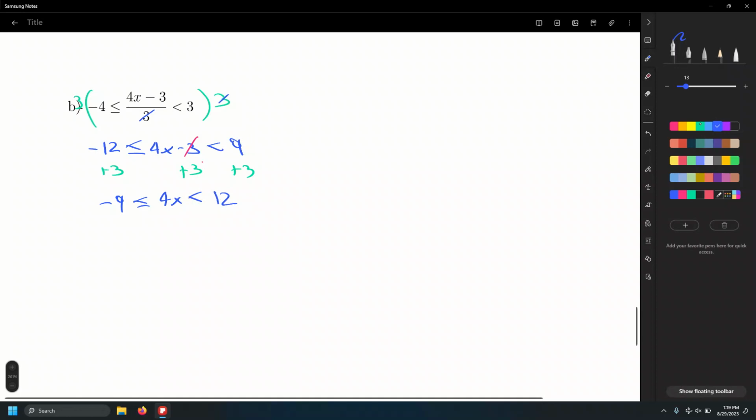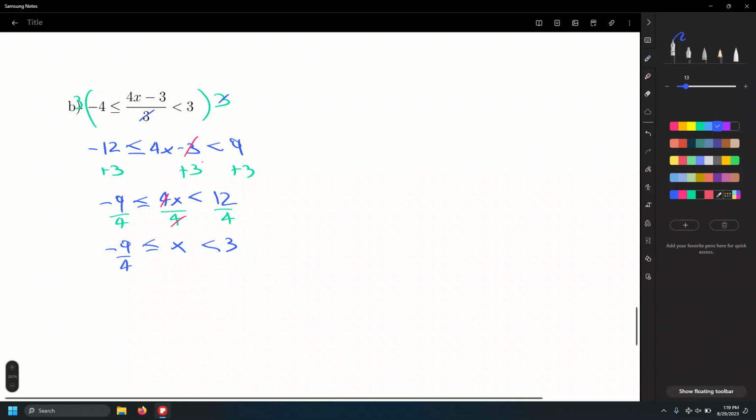All right, and lastly, to get the x by itself, how about we divide both sides by 4? That cancels. And 12 over 4, 12 goes into 4 3 times evenly. That's just x. But 9 over 4 does not go evenly, so just leave it as a fraction.